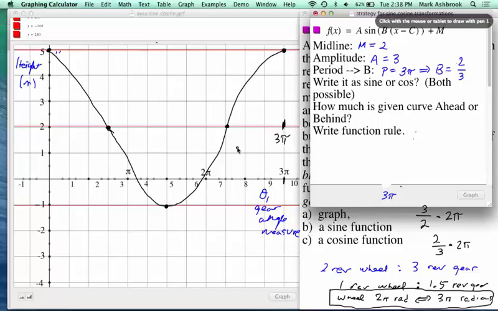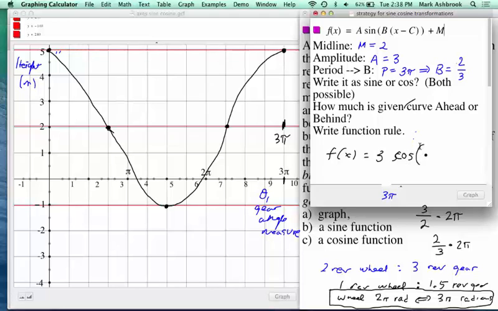We can still use a cosine to model it because we have this curve. So we're going to do cosine first. We got 3 times cosine. We got our b, 2/3, x. No shift. If you're doing a cosine, it's no shift, plus 2.